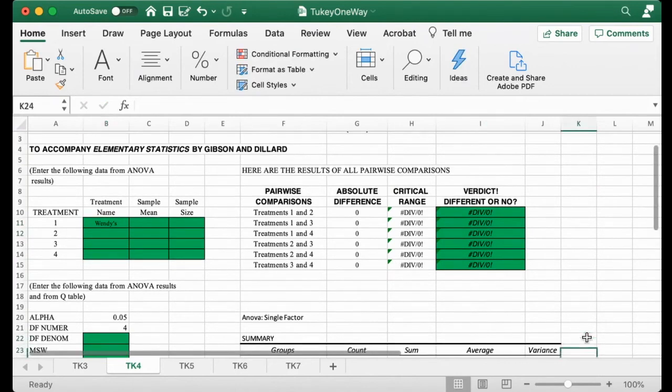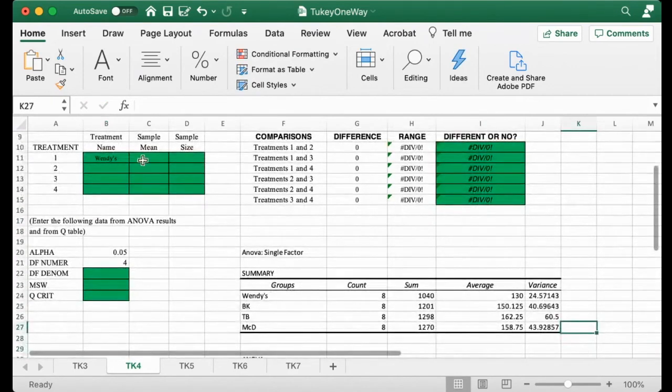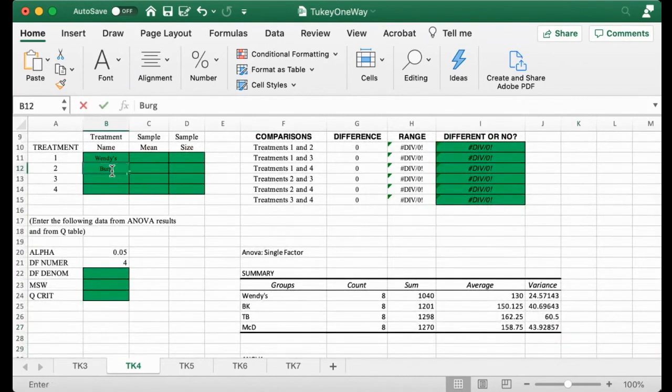Wendy's, Burger King, Taco Bell, McDonald's. So all those go under treatment. It's just telling you what your groups are.